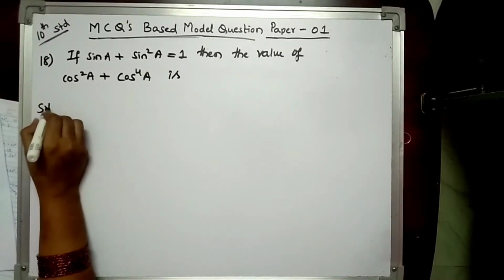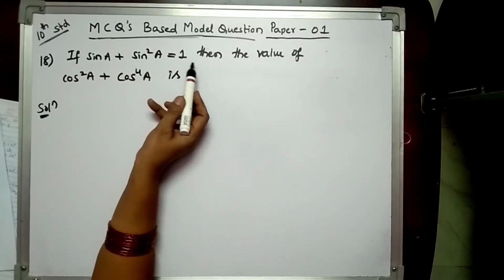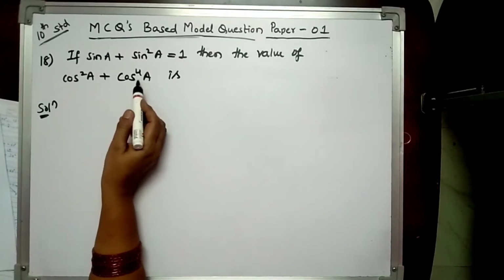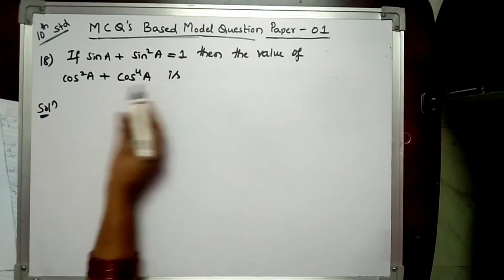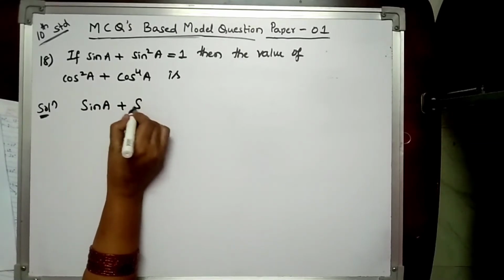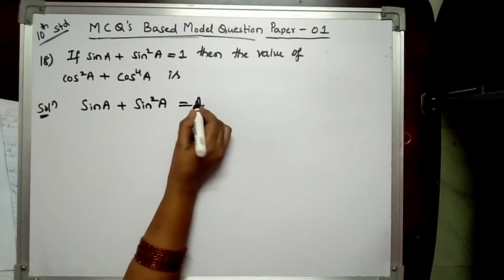Question number 18. If sin A plus sin square A is equal to 1, then the value of cos square A plus cos to the power 4A is. Write down given things. Sin A plus sin square A is equal to 1.